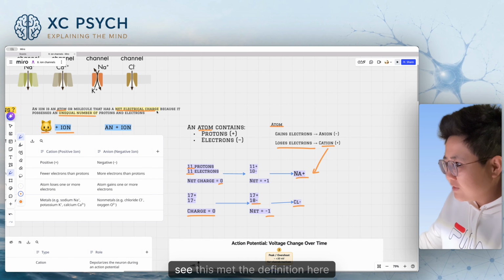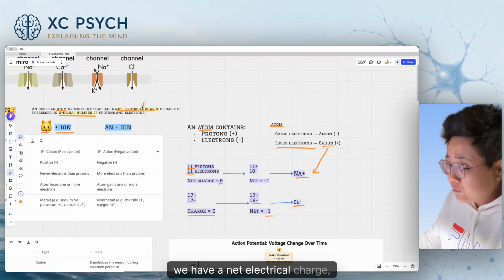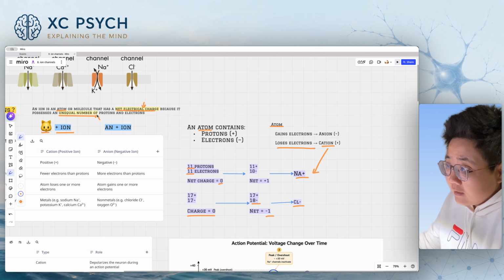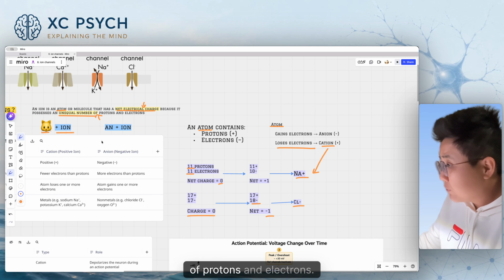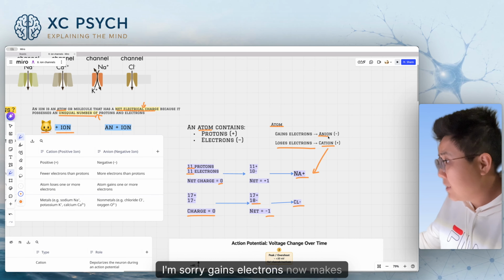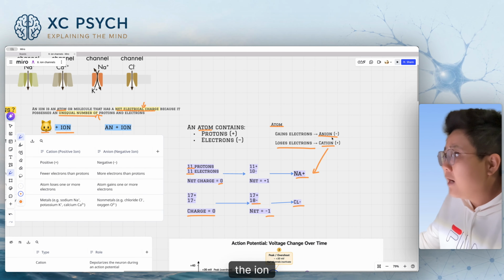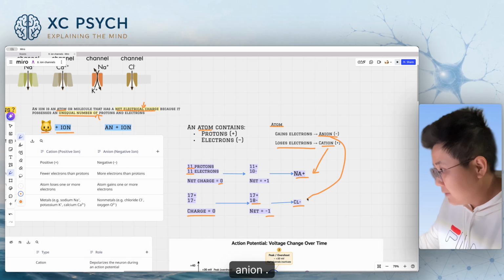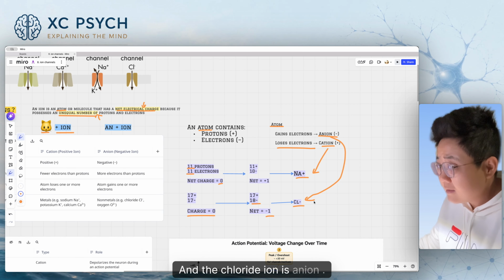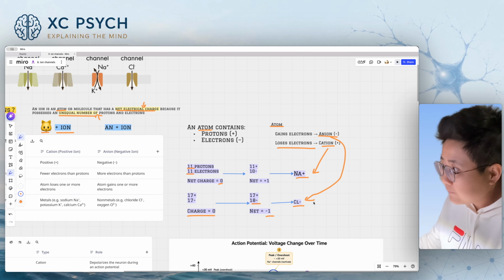So see, that's met the definition here. We have a net electrical charge, positive or negative, and we have an equal number of protons and electrons. And so gains electrons now makes the ion anion, and the chloride ion is anion, it is negative.